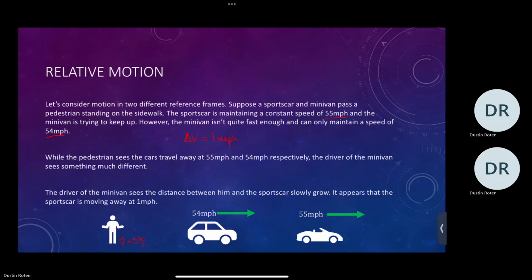But the driver of the minivan, they see something very different. And I'm sure, if you drive a lot, you've noticed this before. When cars pass you, or when cars are going faster than you, it looks like they're just barely moving away slowly from the reference point of your car. Okay, so the driver in here, I'm going to draw a little frame of reference. So given what the driver sees, this change here.